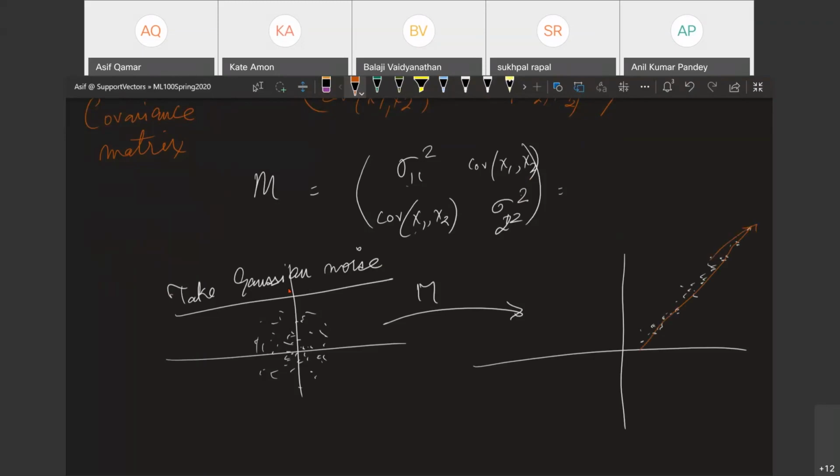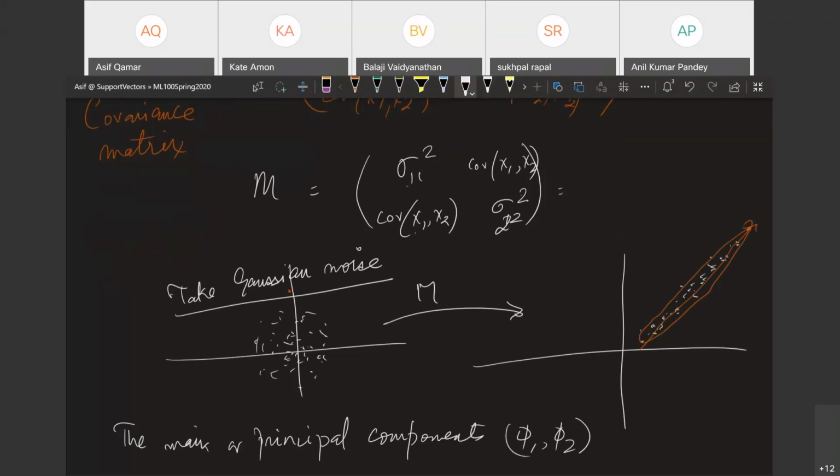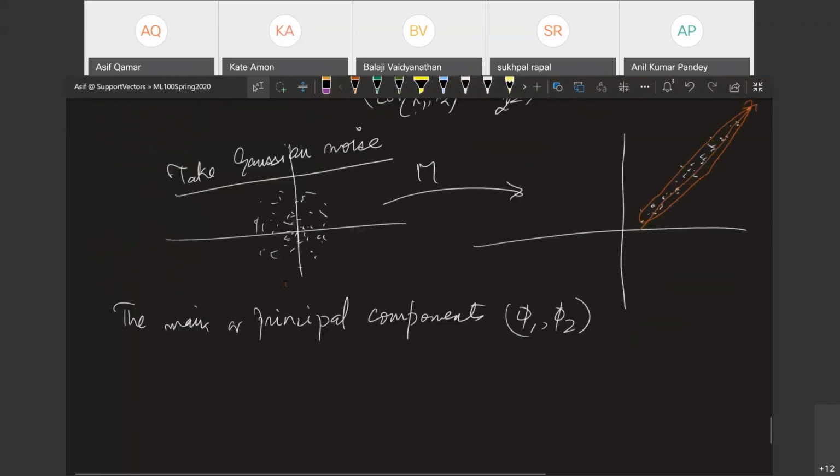So in other words, when you see data like this and you search for this relationship, what is this? It is your ellipse here. The principal components are just the eigenvectors. So the beautiful statement is that the main or principal components phi 1, phi 2 that we were searching for originally are nothing but the principal directions that define the line, and they are the eigenvectors.